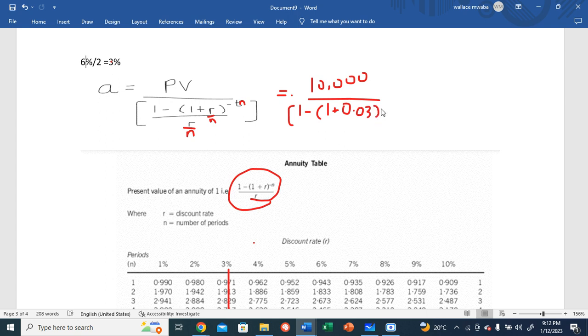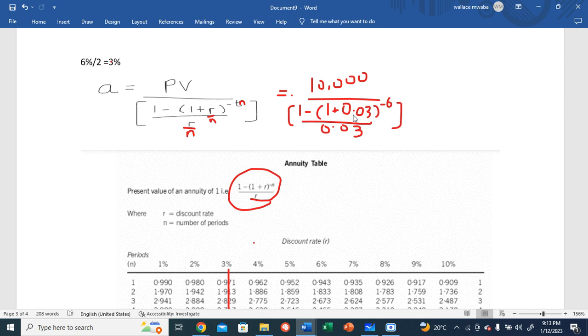Then to the power negative. You said the time is 3 years. 3 times 2, that is negative 6. Divided by the rate, which is 6% divided by 2, that's 3%. 3% as a decimal is 0.03, right?